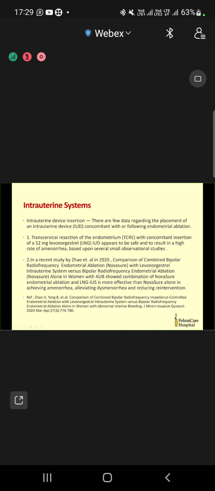I do both the procedures: transcervical resection of endometrium, and we also do Mirena. But post ablation, I have not inserted any Mirena. If any of the faculty wants to share if they have done, I will be more than happy. They say concomitant use of Mirena after endometrial ablation gives better results compared to individual procedures.